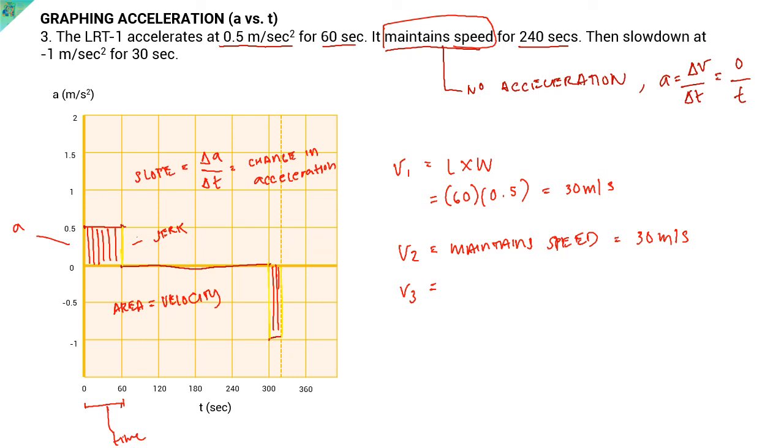Okay, so for situation number 3, you still have length times width. Then you're going to have the length of, let's just say 30 seconds, just to keep it constant. And then you're going to have also 1 or -1. Let's write -1. Okay. 30 multiplied by -1, you're going to have -30 meters per second.